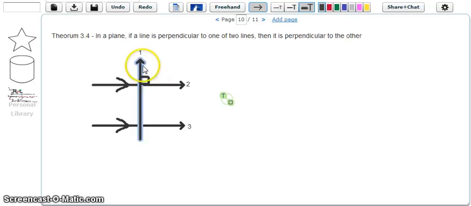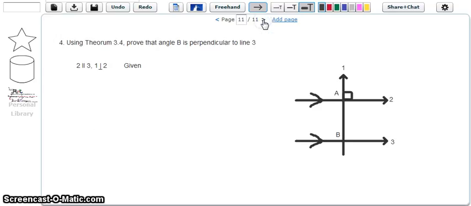So we know that 1 and 2 are perpendicular because we have the perpendicular sign right here. Using this theorem, we're going to move on to the little tougher step and actually figure out a proof using this theorem.